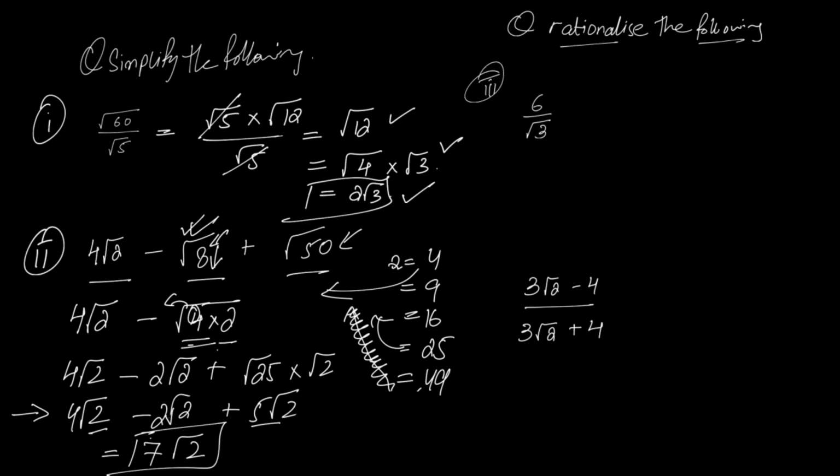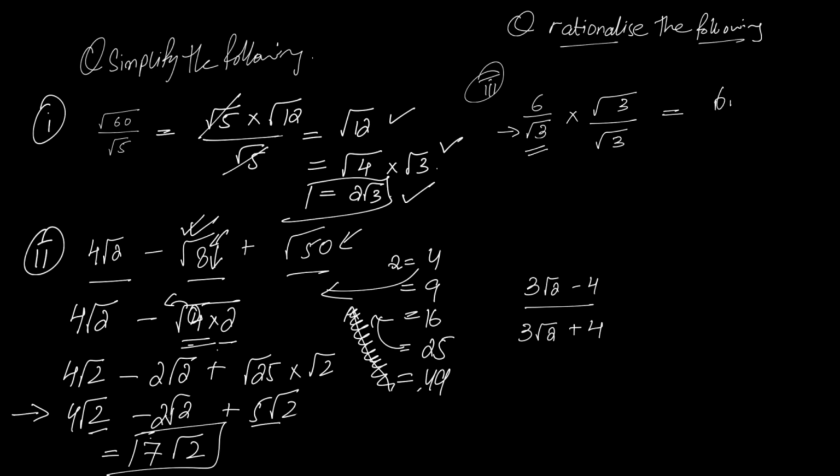Now we will often be asked to rationalize something. Rationalization is that, again, you have to remove the square root from the denominator. So in this case, to remove the root from the denominator, we will multiply it by root 3. By doing this, we are eliminating the square root in the bottom, but also keeping the fraction the same.